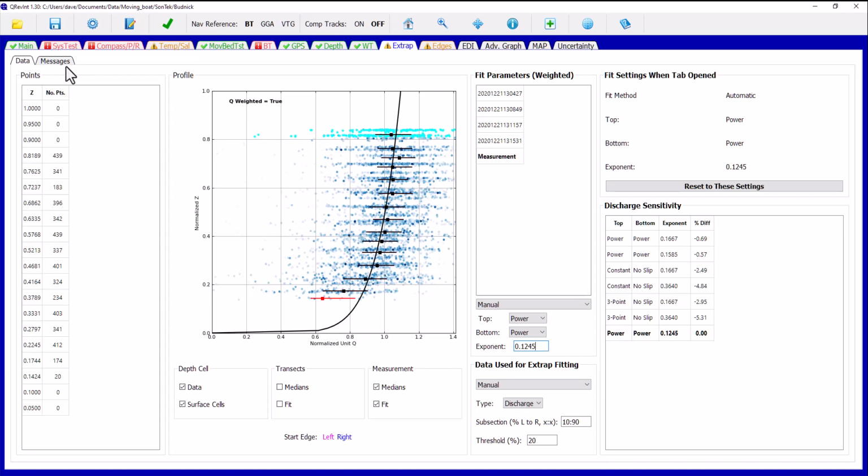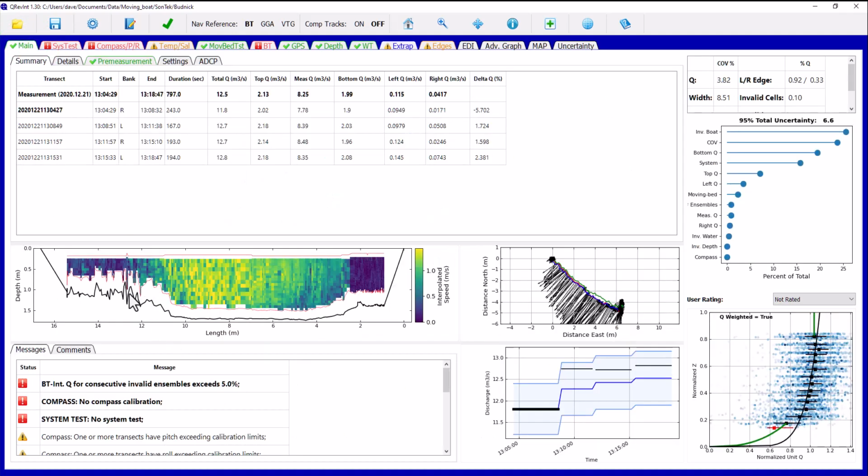I believe for this measurement, the reason for this change is the fact, as you recall, we had this really weedy vegetation, large overbank area on the left and a smaller one on the right. So a lot of data were collected on the left and right banks.